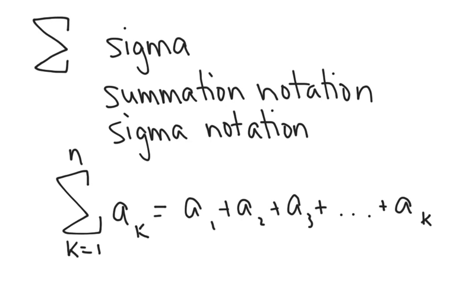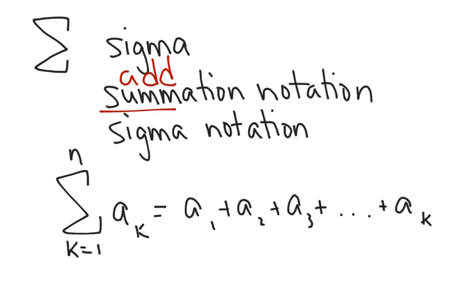This big funny looking E is the Greek letter sigma. And we see a lot of Greek letters in use in both math and physics. Well, for our purposes, the Greek letter sigma is sigma notation or summation notation. It basically means add up a whole bunch of stuff.